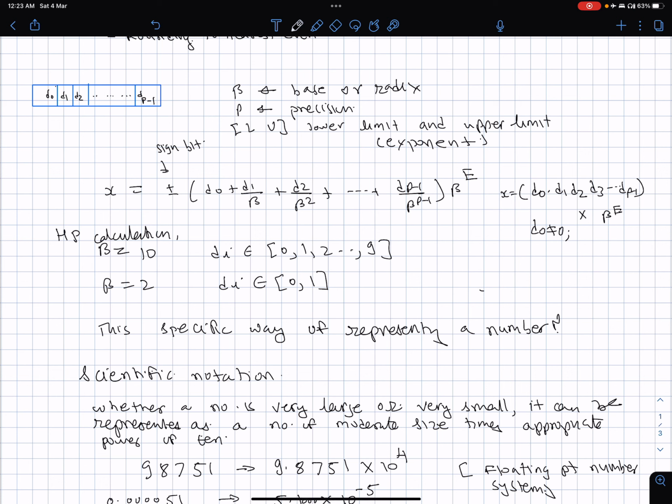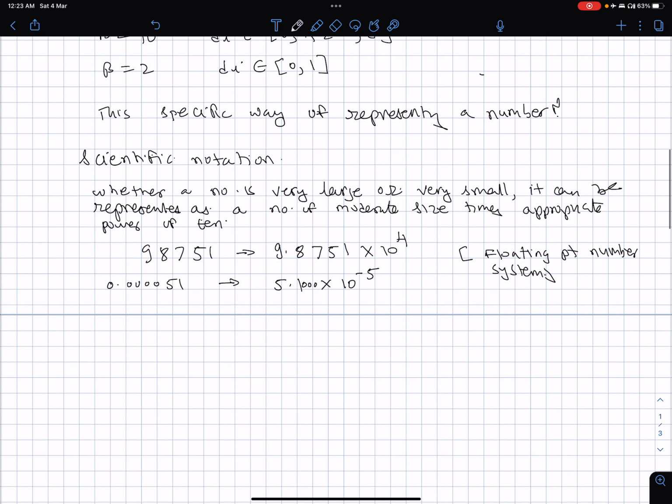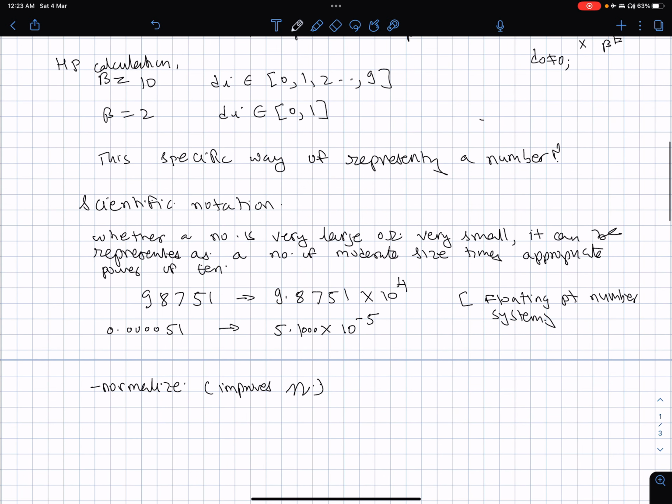If you do that, you normalize, and this improves the efficiency of the representation system.